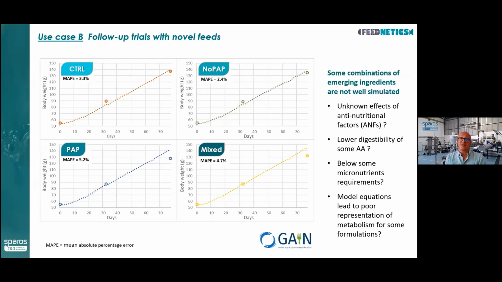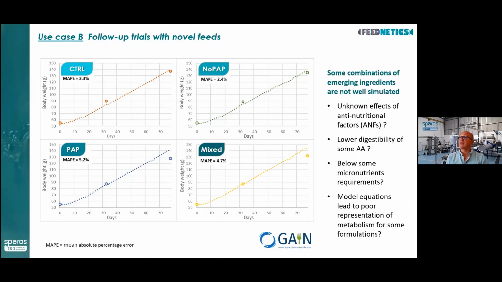The points you see there are the measured values in the zootechnical trial, and the lines are the predicted values. So the starting point is the same. The rest is the prediction that FEEDNETICS could obtain. And as you can see, for two of the diets, the control and the no-PAP, the prediction was very good.